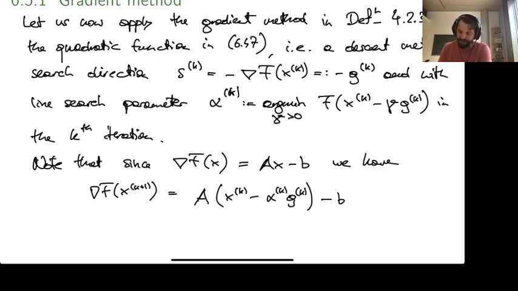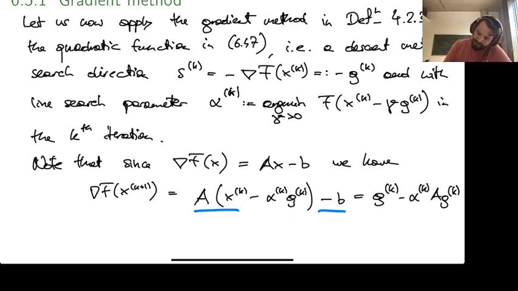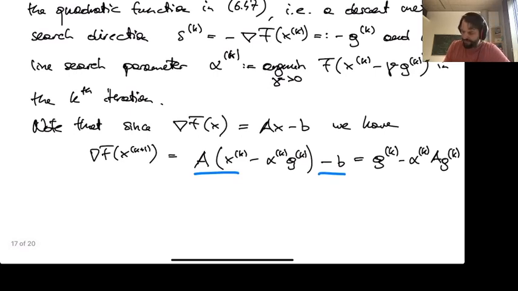But A xk minus b, this bit here, is just gk. And so in total, this is equal to gk minus alpha k A gk. And so that's how to compute the gradients. So instead of actually evaluating f, we just have to take our previous gradient and subtract alpha k A gk from it.